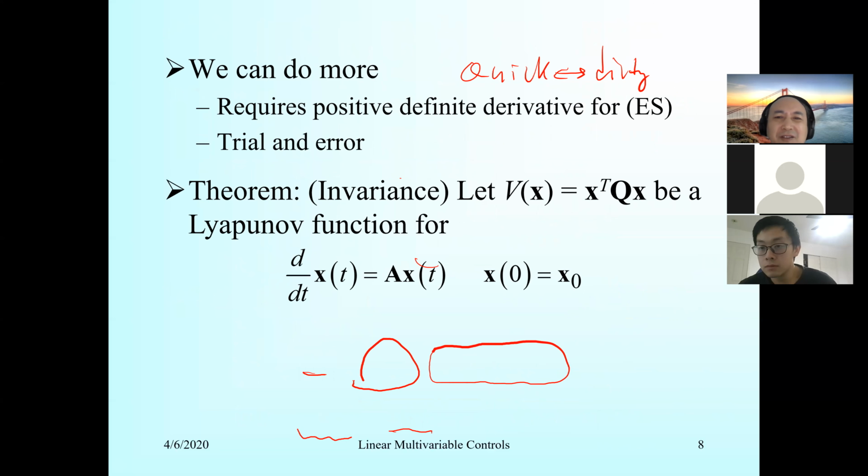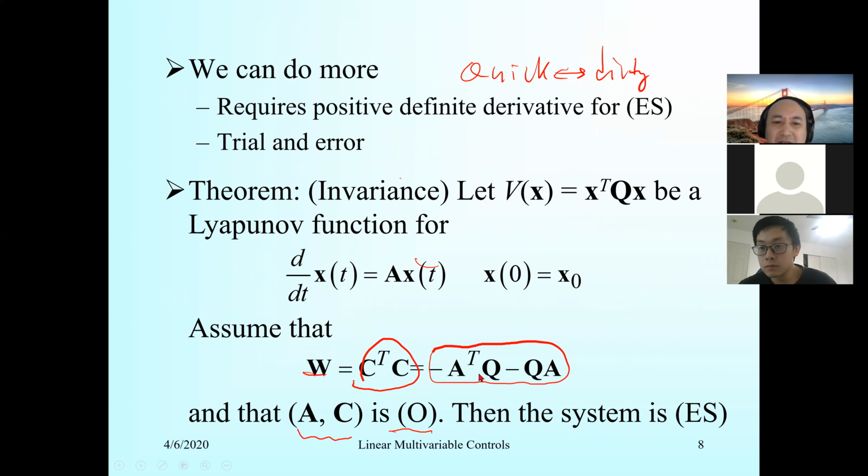So we talked about V(x) = x'Qx. It's a Lyapunov function for x dot = Ax. If somehow we can decompose W into C transpose C, then this is very similar to constructing an output system, where y = Cx is my output.